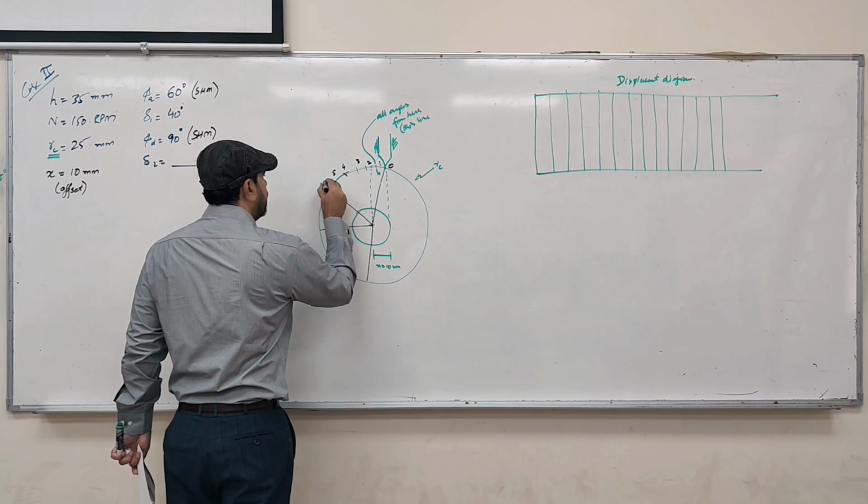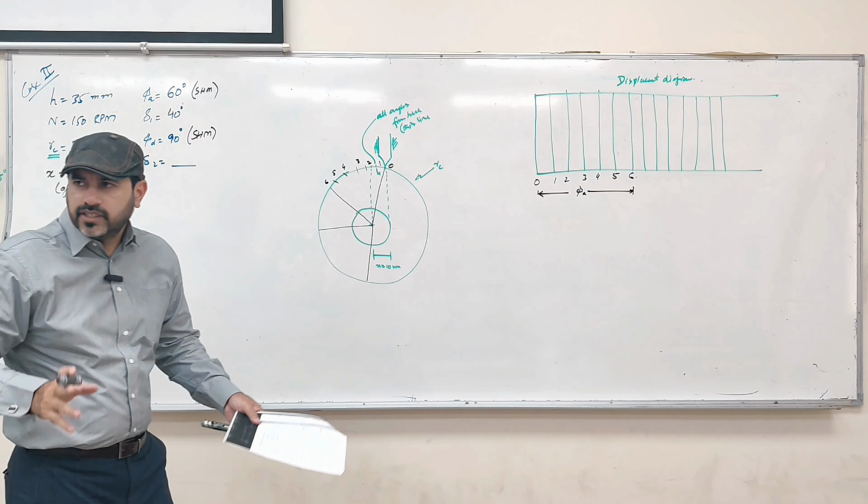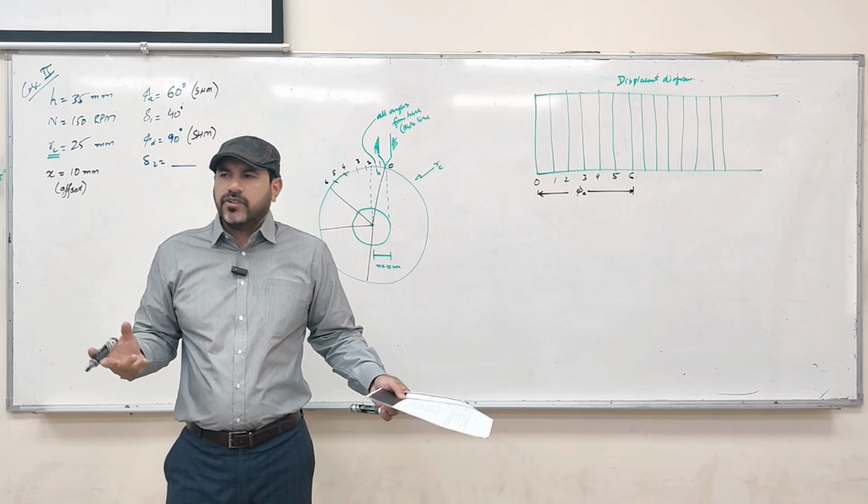From here to here is phi A. The minimum number of divisions is 6? No, you can even have 5, or 4 because the angle is small. It's entirely up to you. But the same number of divisions here, and if it is simple harmonic motion, the same number of divisions on the circle.